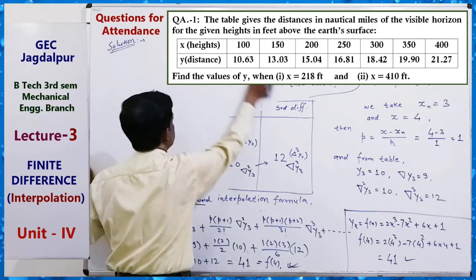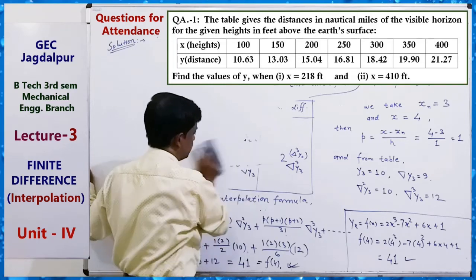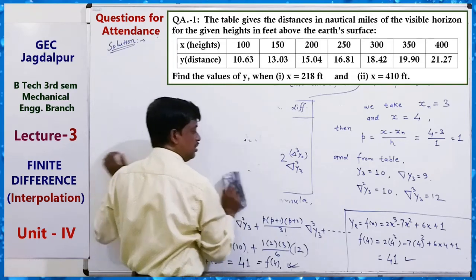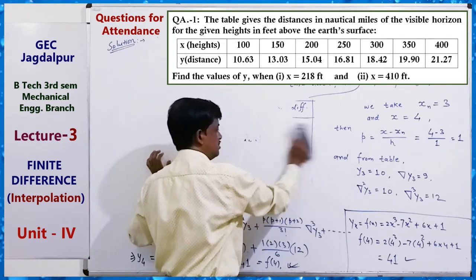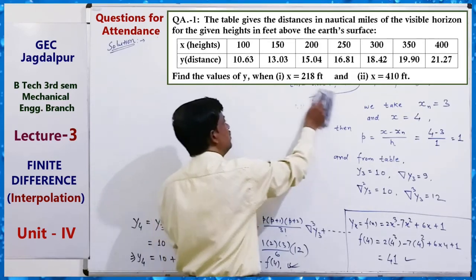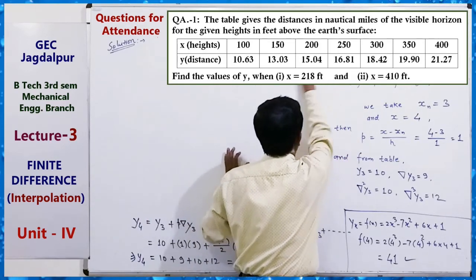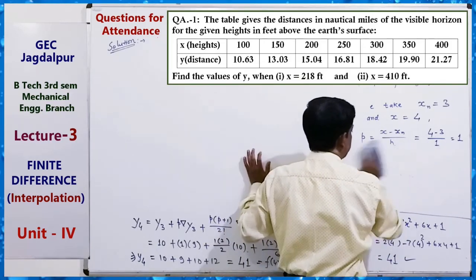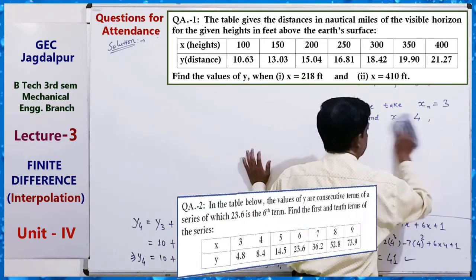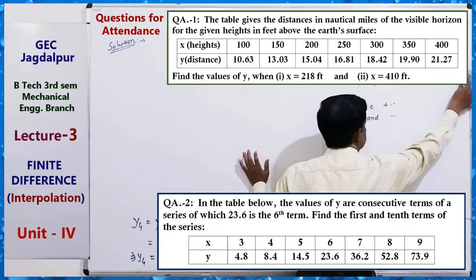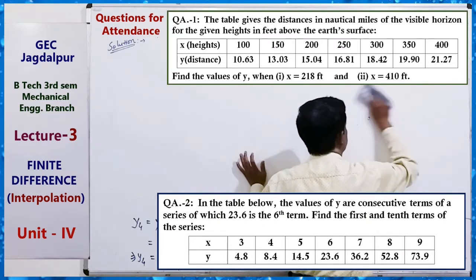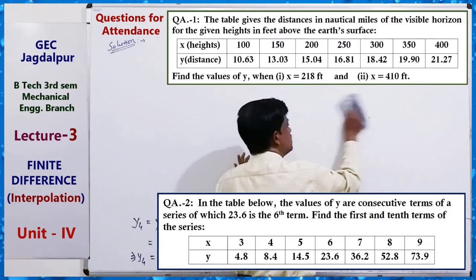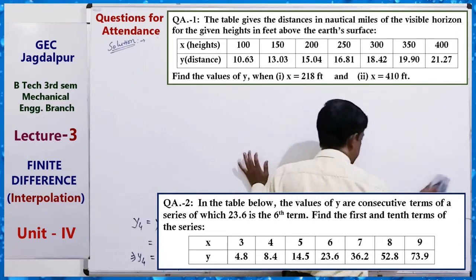The forward interpolation formula is used whenever the targeted value of x lies in the beginning of the table, or in between, where the targeted value lies, and the previous value of that is taken as the origin.